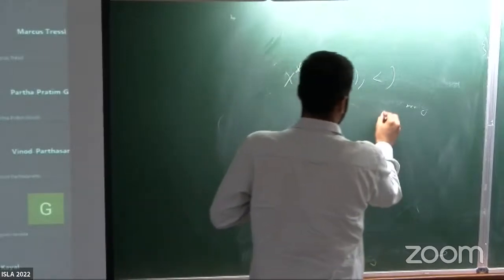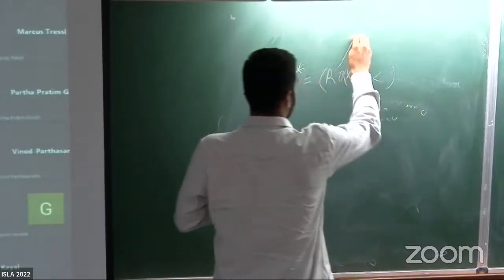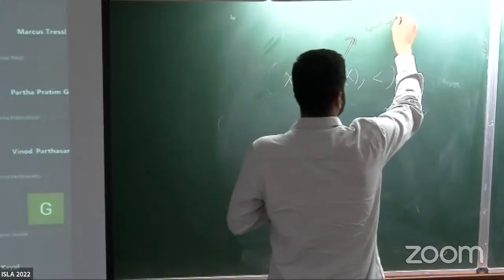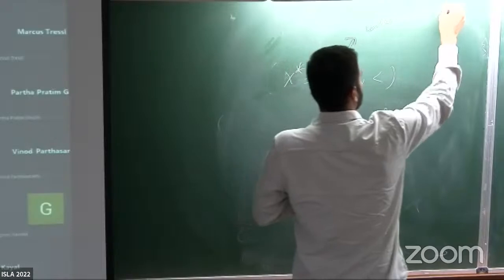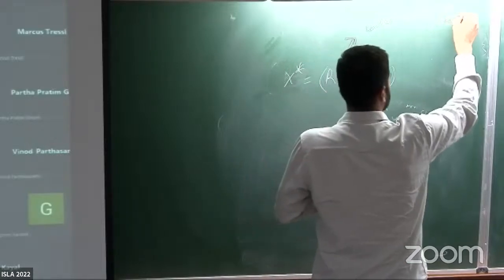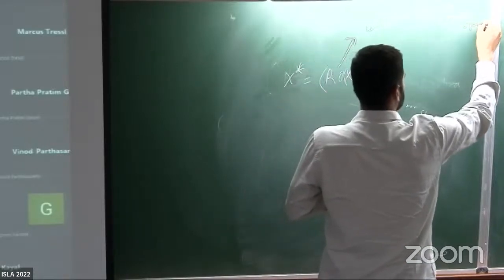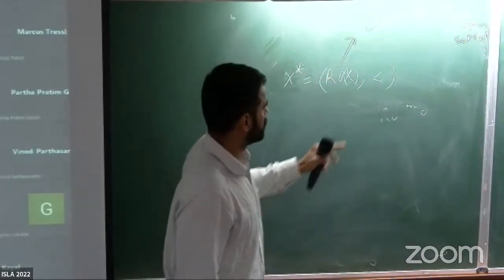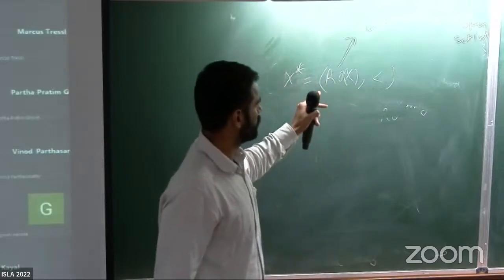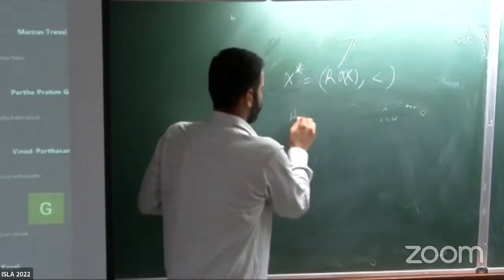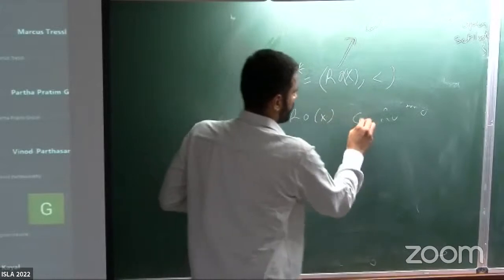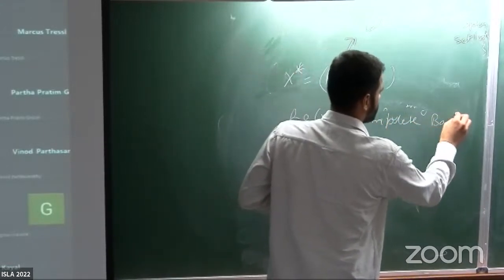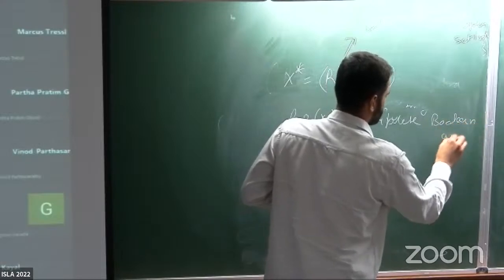Here R of X is the collection of all regular open sets in X, and this is a proximity relation on this, and R of X is a complete Boolean algebra.